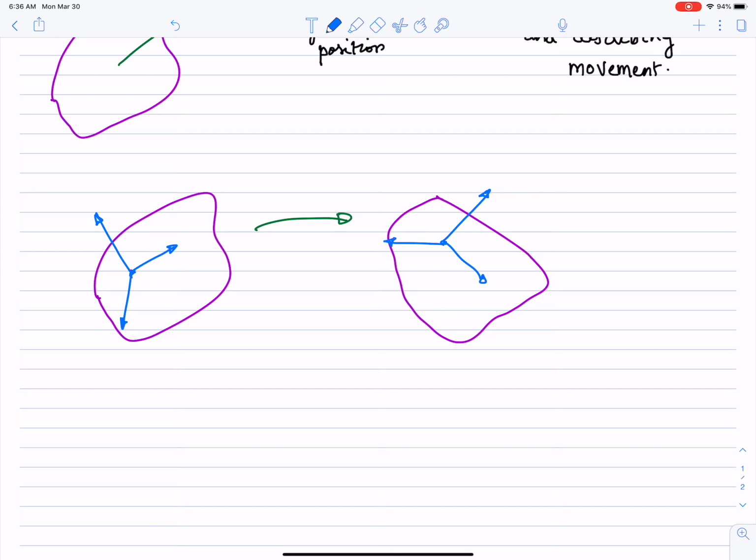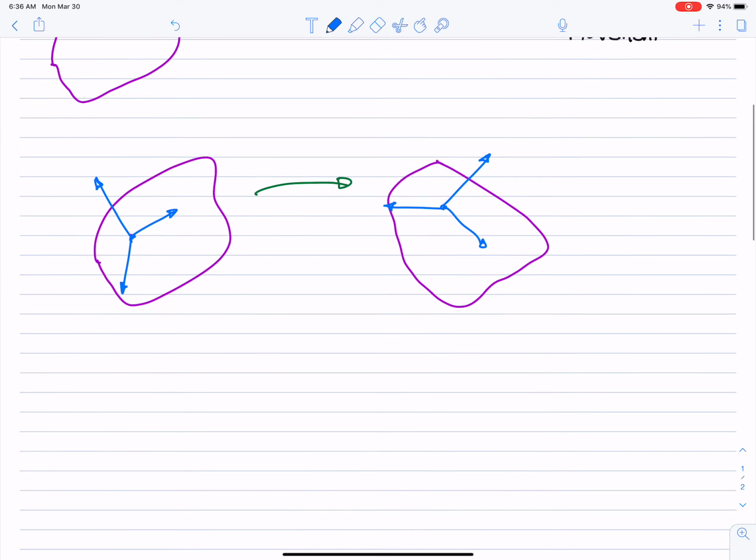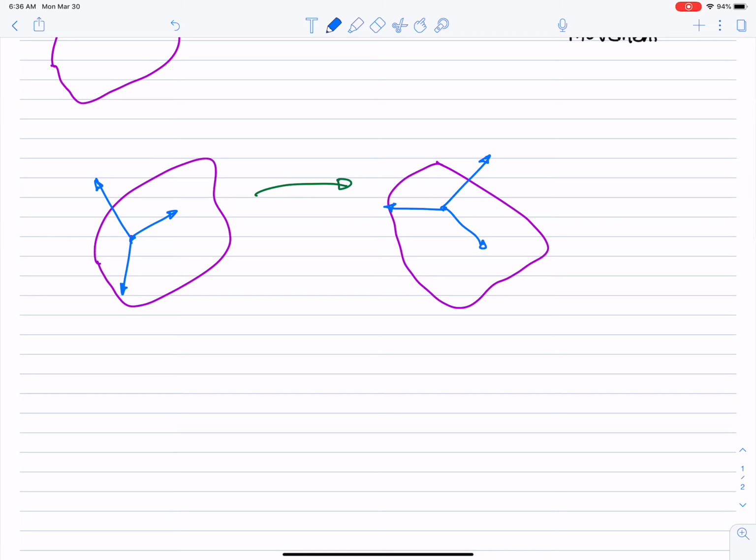Okay, so when you say reference frame, we mean this is a set of axes. So this would be a body fixed reference frame.